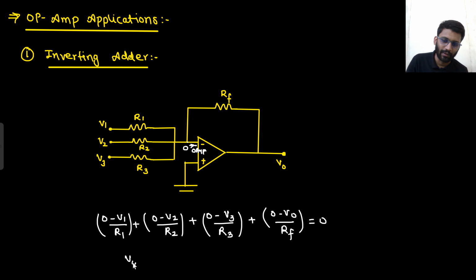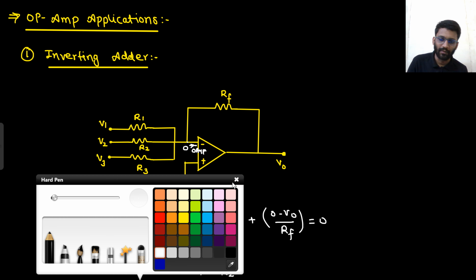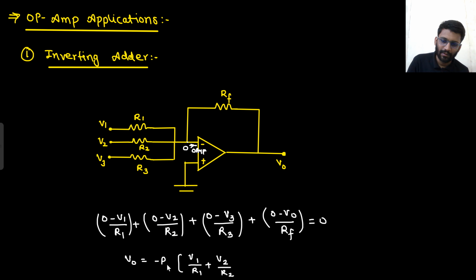So V naught will be minus, sorry, not minus 1 by RF, it would be minus RF into V1 by R1 plus V2 by R2 plus V3 by R3.